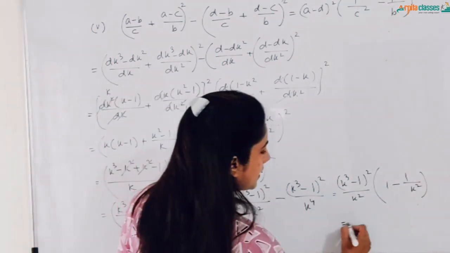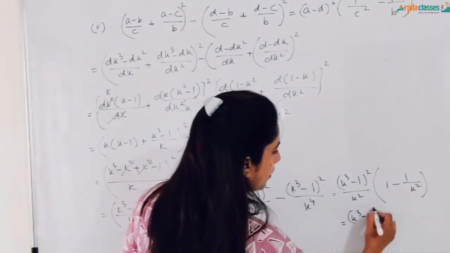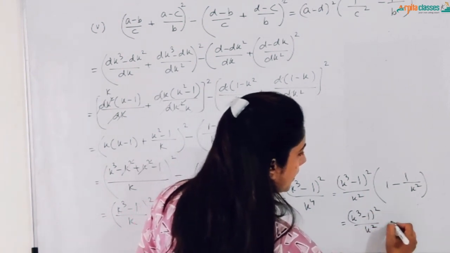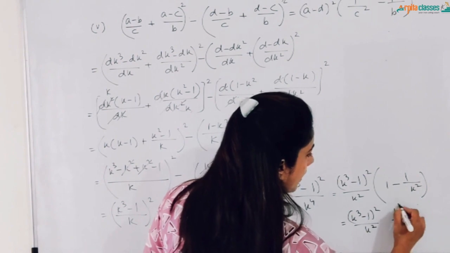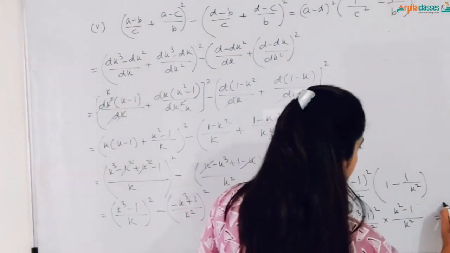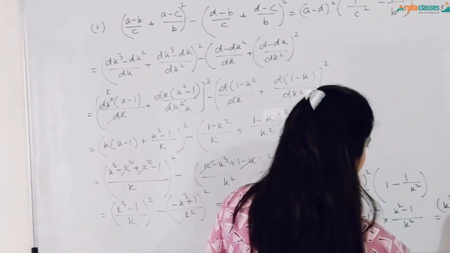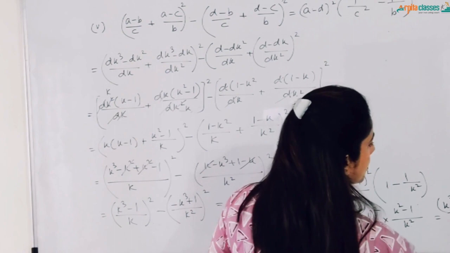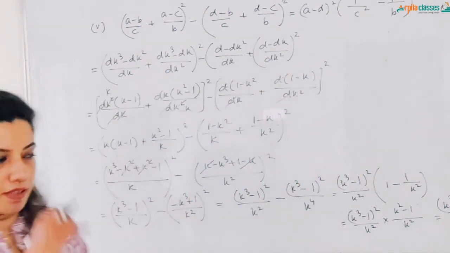So that is k cube minus 1 the whole square upon k square, and here it is k square is the LCM, k square minus 1. So finally I get k cube minus 1 the whole square upon k to the power 4, and here k square minus 1. So this is what I get from the left hand side.